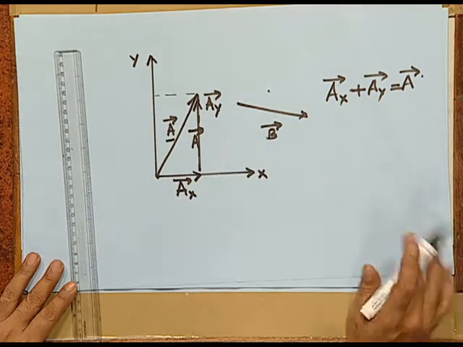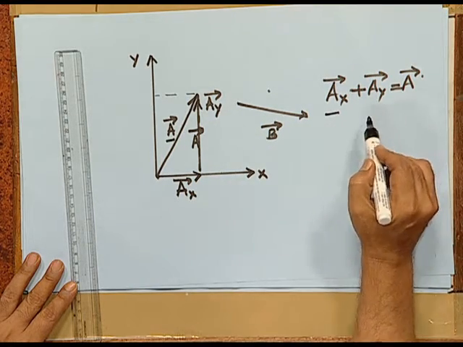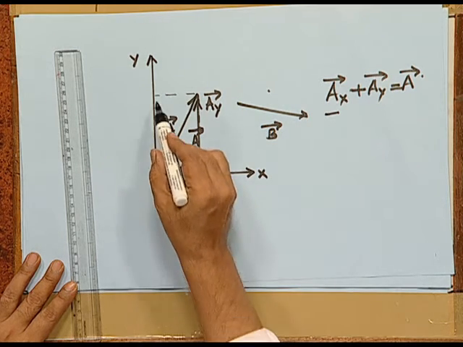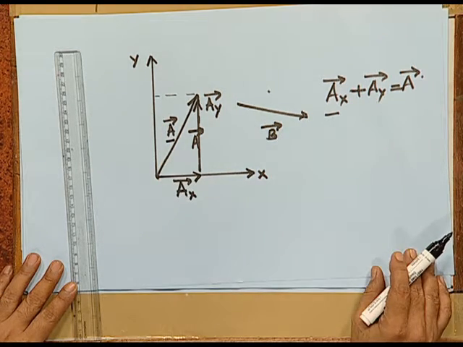You can consider A x vector as one vector along the x axis, A y vector as another vector along the y axis. The addition of these two vectors results in vector A. Now, A x vector and A y vector are called the component vectors of A along the direction of x and along the direction of y respectively.